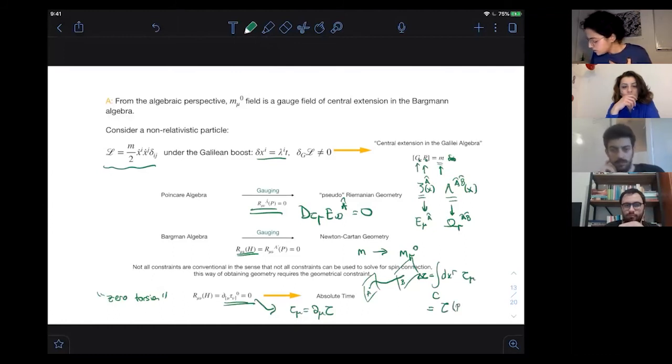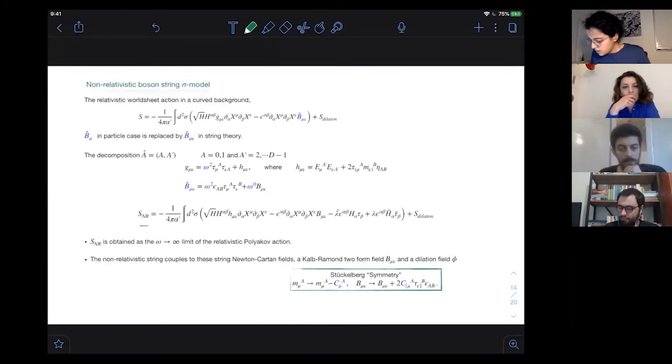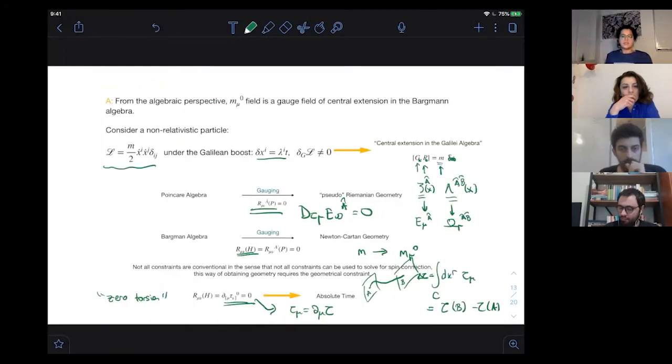So this is just the value at B minus the value at A. So it's independent of the path taken by different observers. That is the notion of absolute time that came in Newton-Cartan theory. This constraint can be discarded in different situations, but maybe I will come to that later. Are there any questions so far?